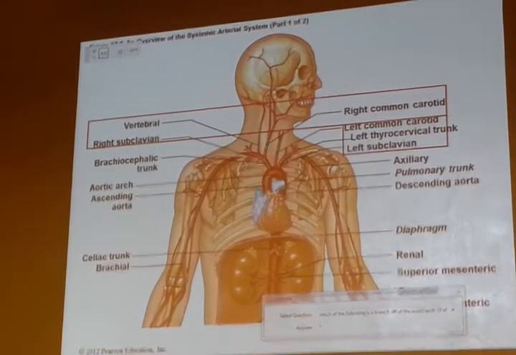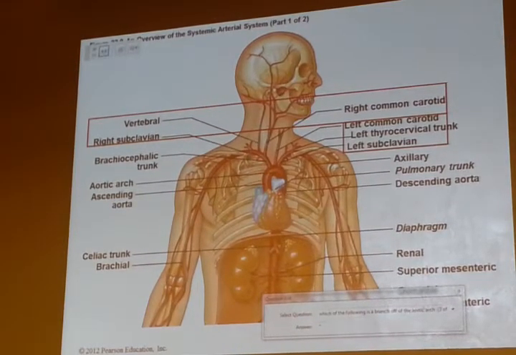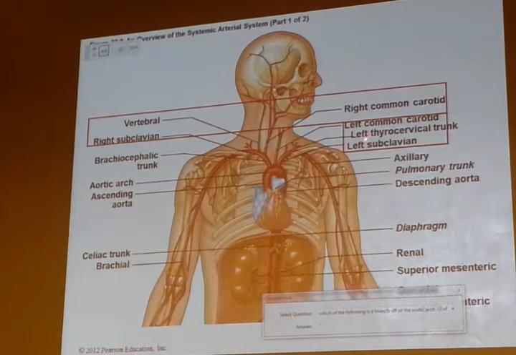Then we've got another trunk, and this is called your thyrocervical trunk. We'll see it on another slide, another figure. This isn't in that label; I just inserted it here to get you started in thinking about this. It is going to the thyroid area, also to the cervical region.